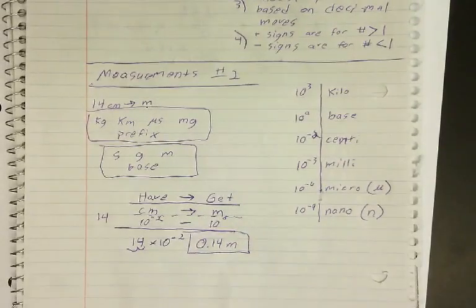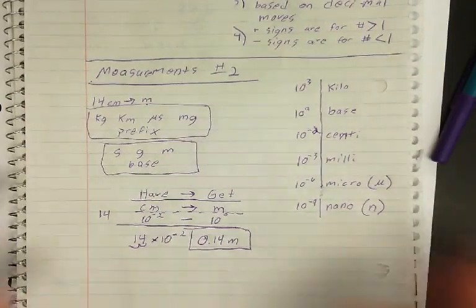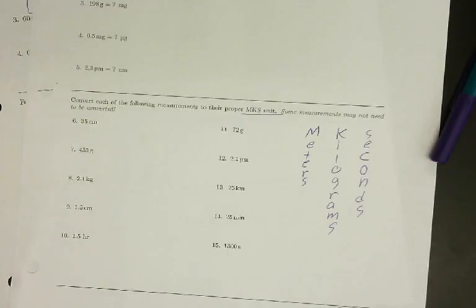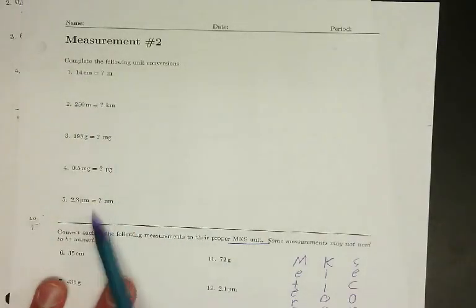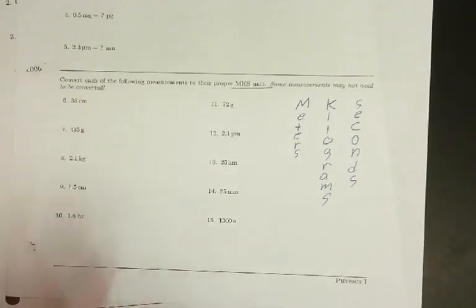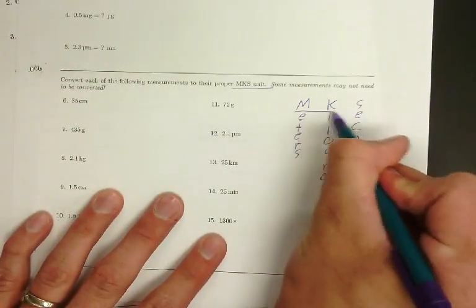So for right now, if this is new to you and you're getting used to it, write it out, do it slow. As you get used to it, you'll go a little bit faster, a little bit faster, a little bit faster. Again, I don't care which way you do it. I just want you to be able to do it. So that takes care of number 1 through 5. Here's what you do for 6 through 15. MKS means meters, kilograms, seconds.